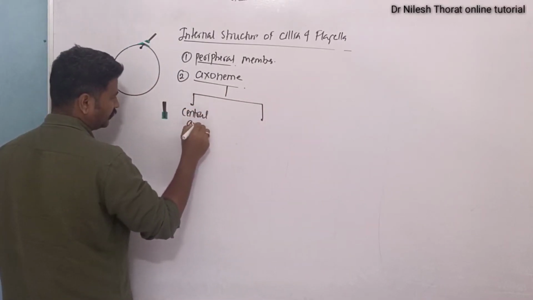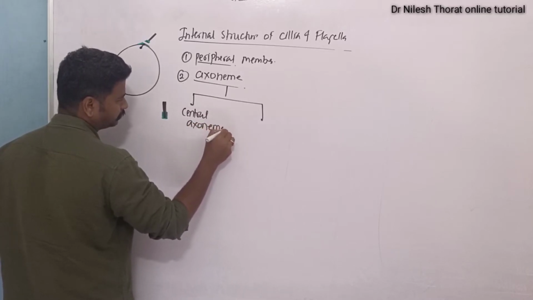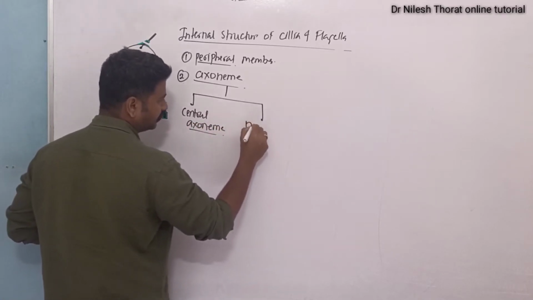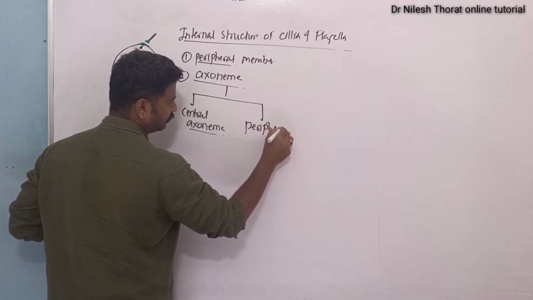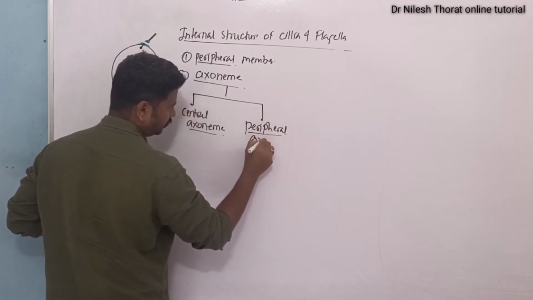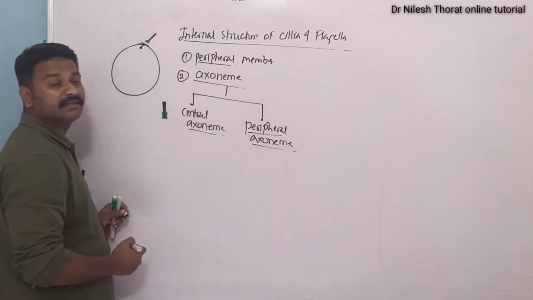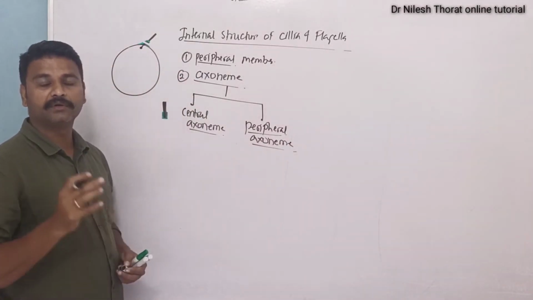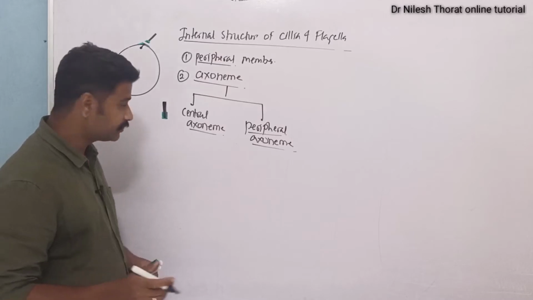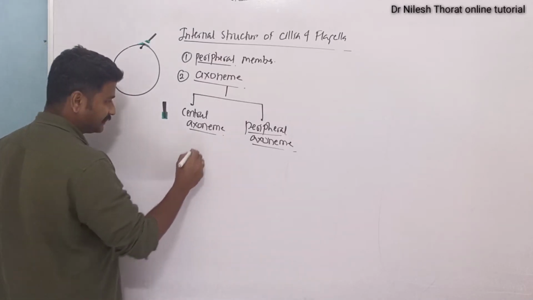So this axoneme is actually divided into two parts, central axoneme and peripheral axoneme. This central axoneme consists of microtubular structures which are called as singlets.